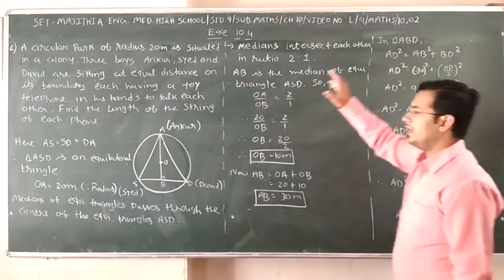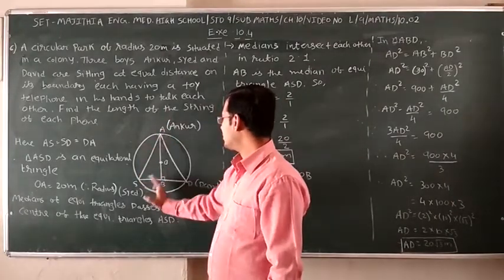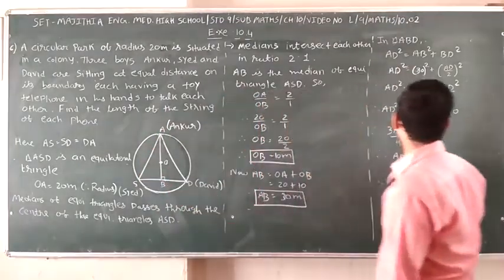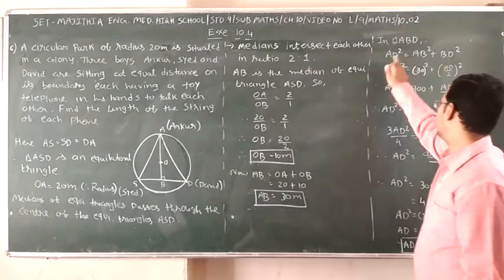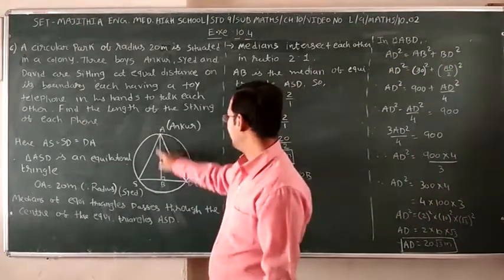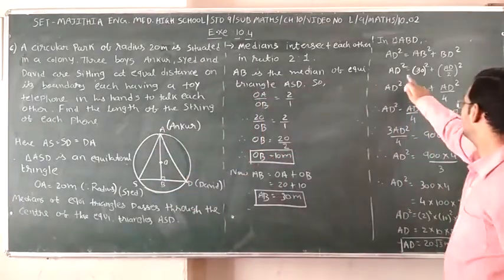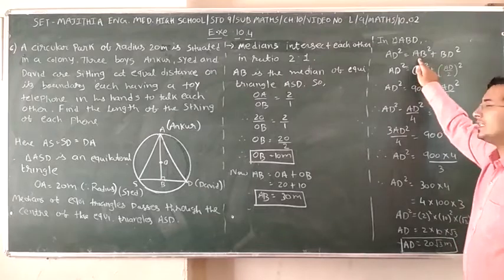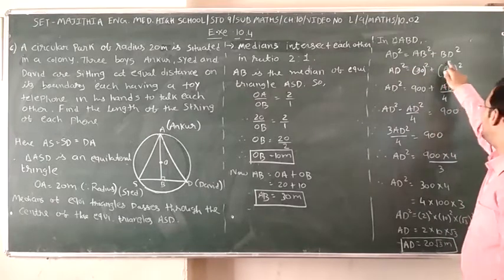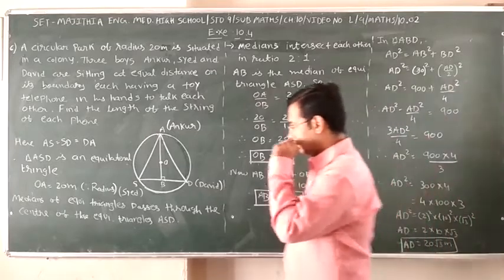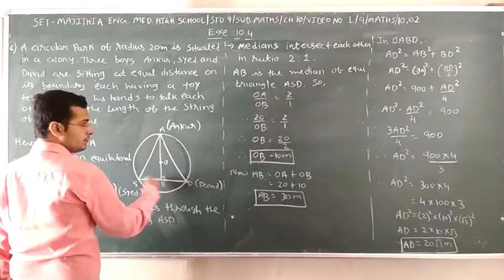In triangle ABD, AB square plus BD square is equal to AD square. We have the value of AB, that is 30 square. AD we have to find. BD means, that is a midpoint, so it is SD by 2.